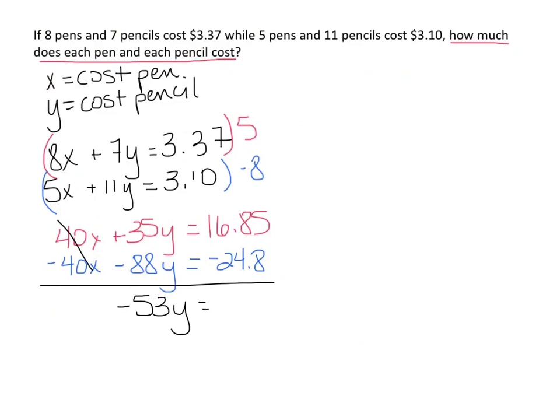And then 16.85 minus 24.8 give me -7.95. When I divide, I find that y is equal to 0.15.